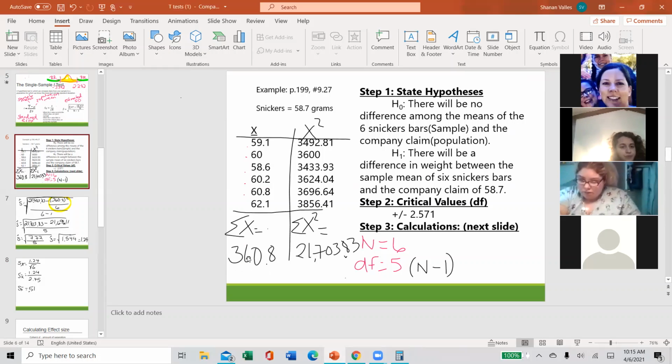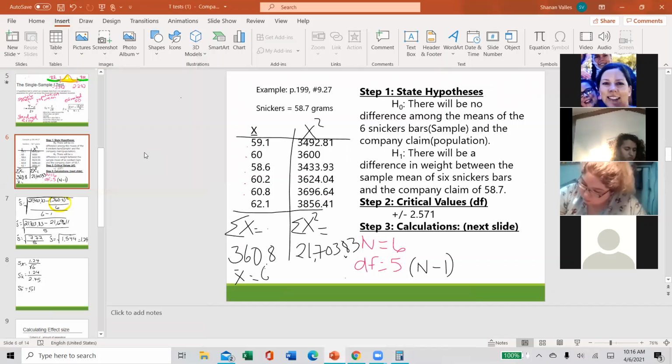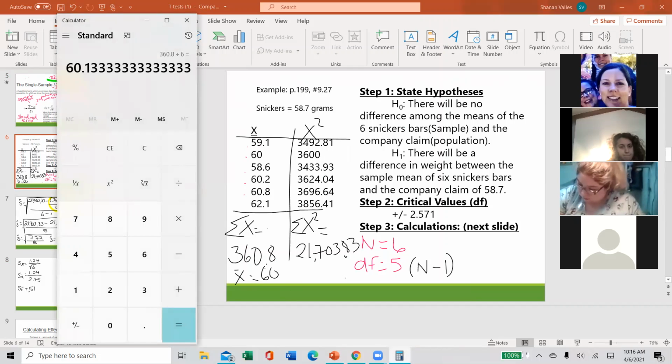So we just take this 360.8 divided by 6. That's always something you could do right away if you wanted. Just get your mean right there real quick. So it's up to you. So 360.8 divided by 6. Our sample mean for this group of Snickers bars was 60.13.